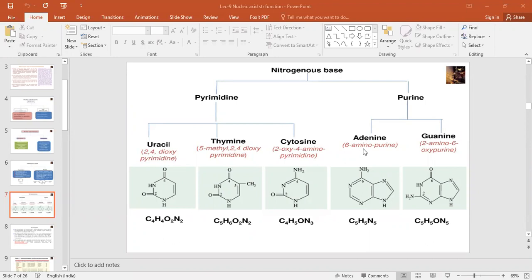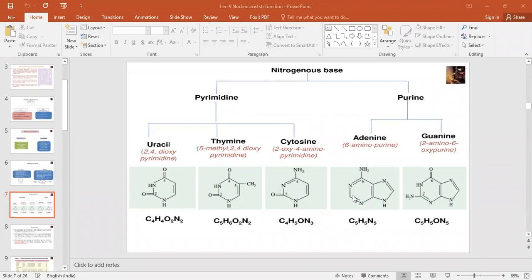After putting the double bonds, you have to put this group. Adenine means what? 6-amino. At the 6th position, join the amino group. Amino means NH2 group. After joining, you have to calculate the valency of each atom, whether it is completed or not. For example, here is a nitrogen. Valency of nitrogen is 3. So how many bonds? 1, 2, 3.